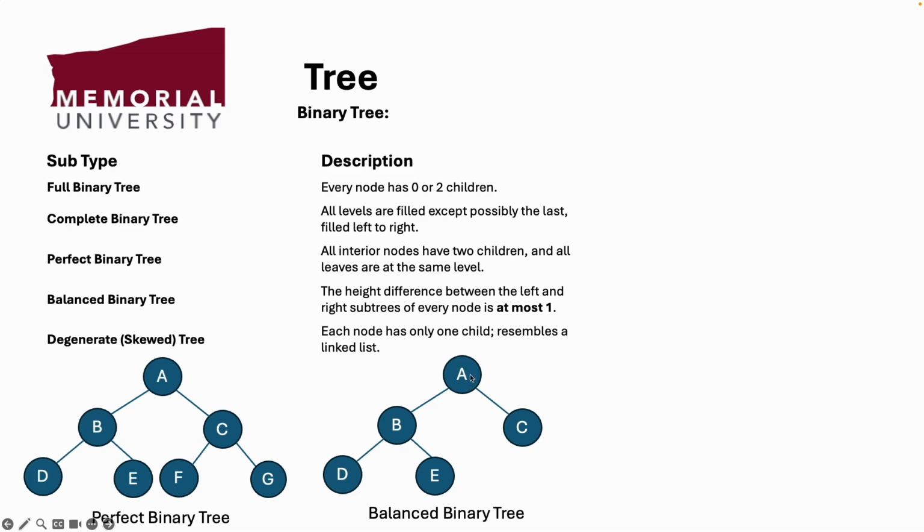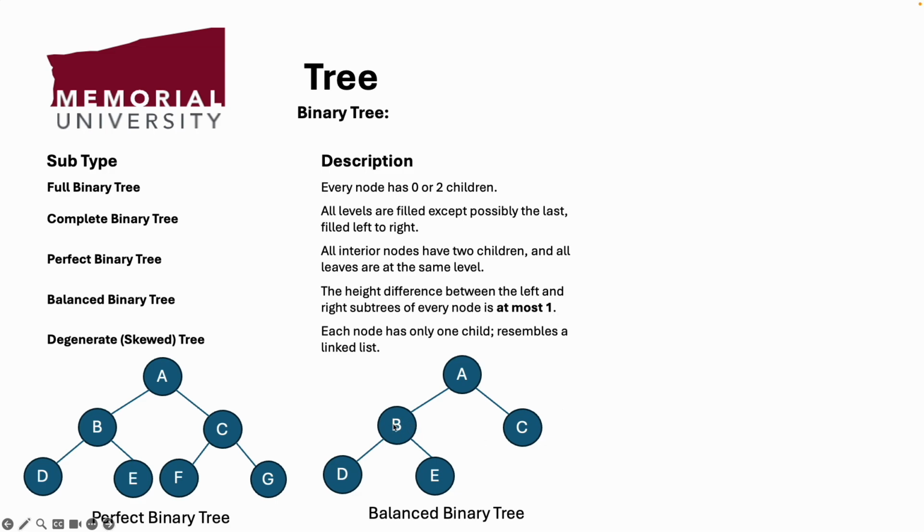For example, if we look at node A, the subtree on the left is B, D, E, which has a height of 2. On the right, there is only C, and the height is 1. So the difference is 1. It's not above 1, okay? At most 1, it cannot be greater than 1.